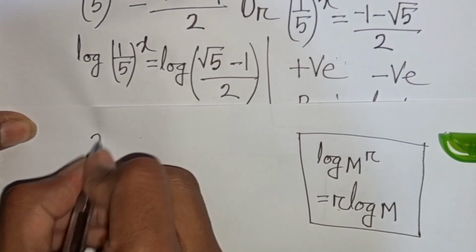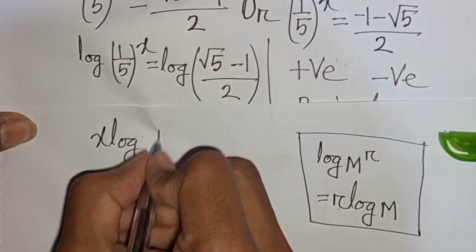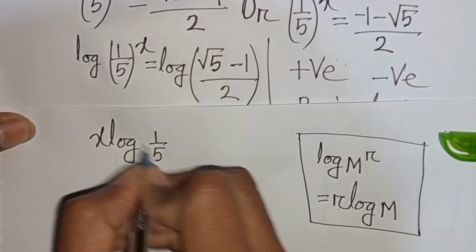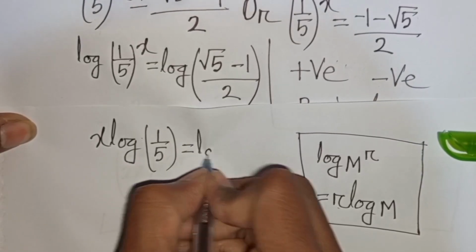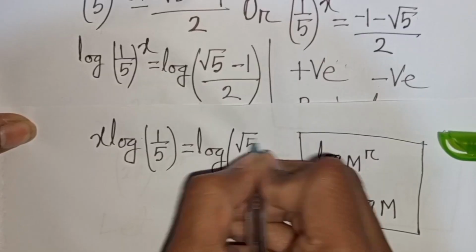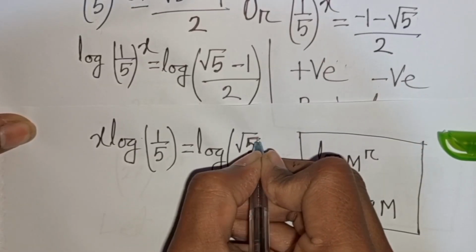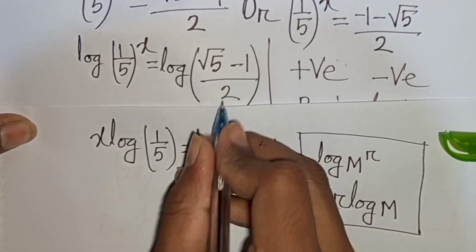So you can write here x log 1 by 5 is equal to log of square root of 5 minus 1 over 2.